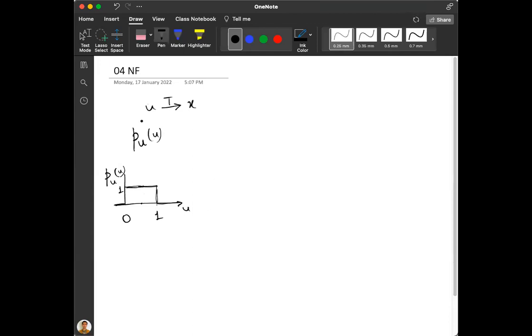But if I apply some transformation, let's say my x is equal to 2u plus 3, then what will be my p_x(x)?